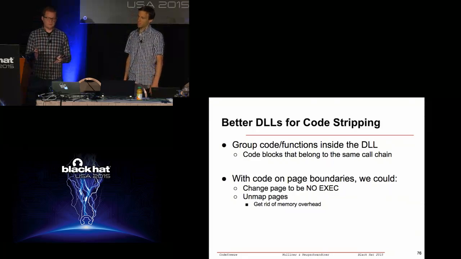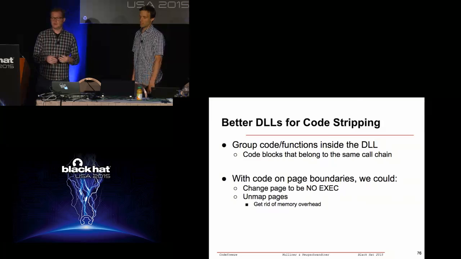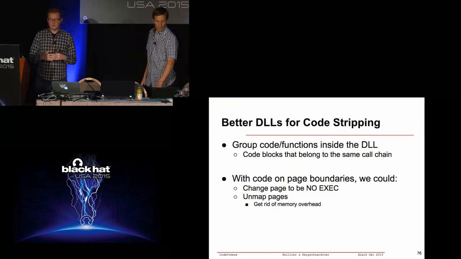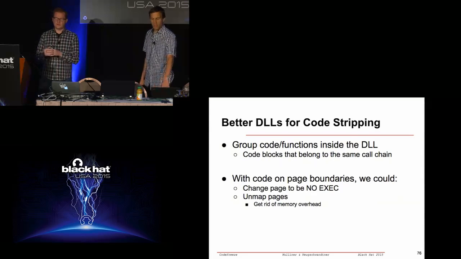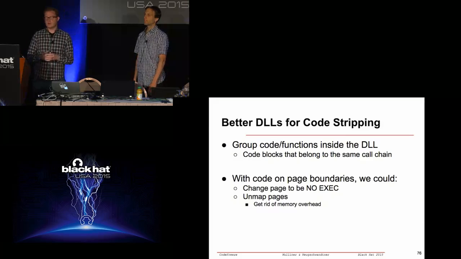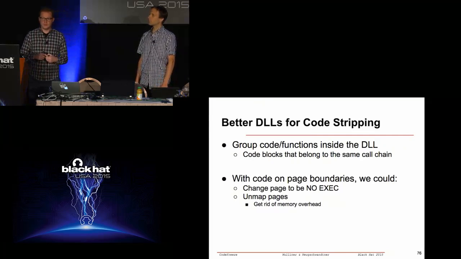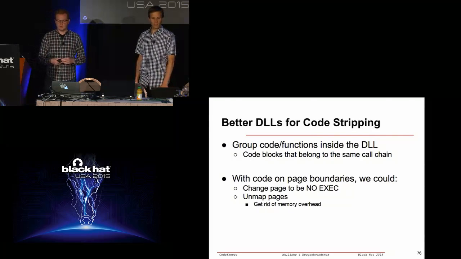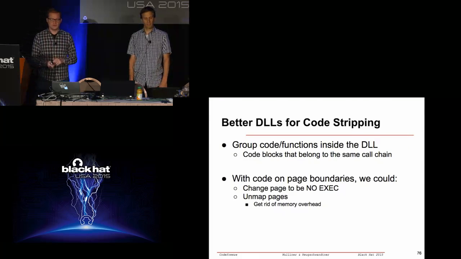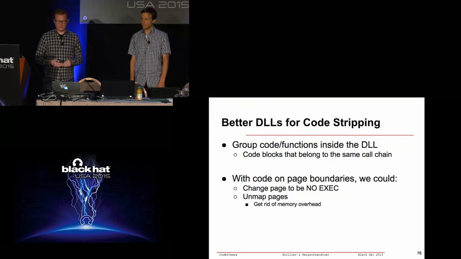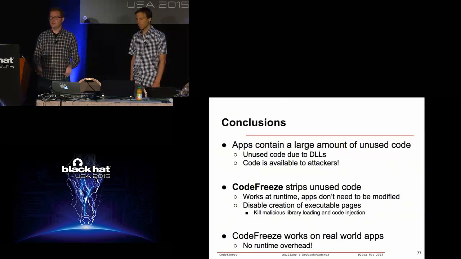Also, if we group code together, we can make sure code starts or ends on page boundaries, because then, instead of overwriting or unmapping, we can just change the protection for this page so it is not executable. So yeah, there are multiple ideas for what you can do to the system DLLs to improve our system even more, without changing the actual applications that sit on top.